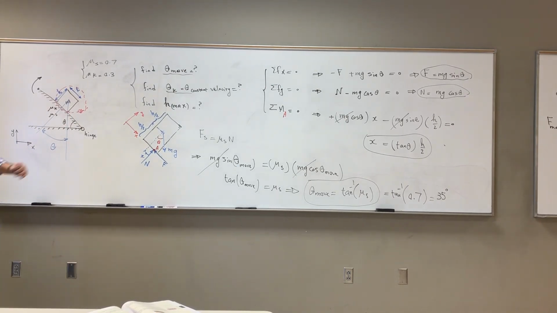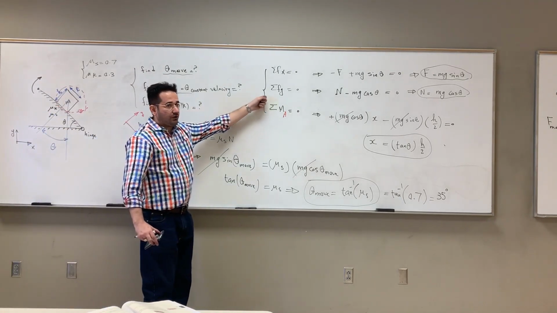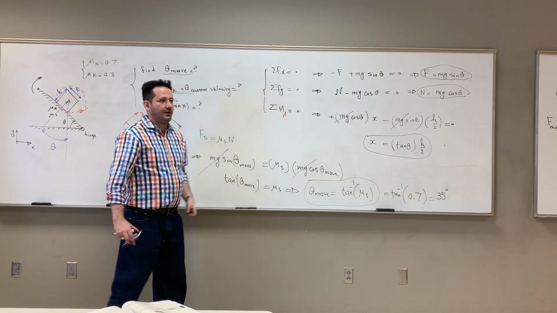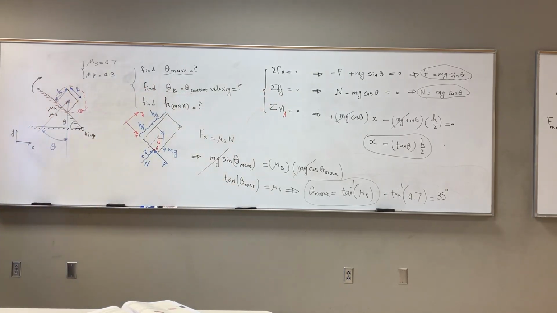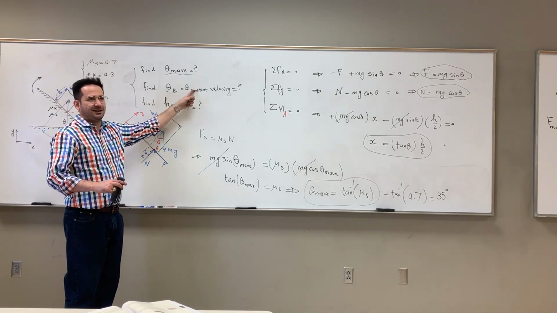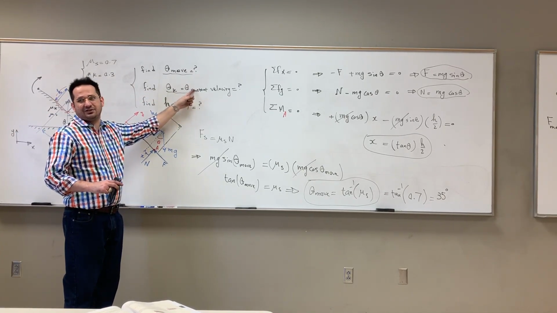And then you have to lower the angle in order to keep the constant velocity. Otherwise, it's going to accelerate. If you keep just 36 degrees, a little bit more than that, it's going to accelerate. If you want to keep the constant velocity such that the equilibrium equation is valid, you have to lower that angle. Now, what is the angle that goes with constant velocity, which is a small angle?